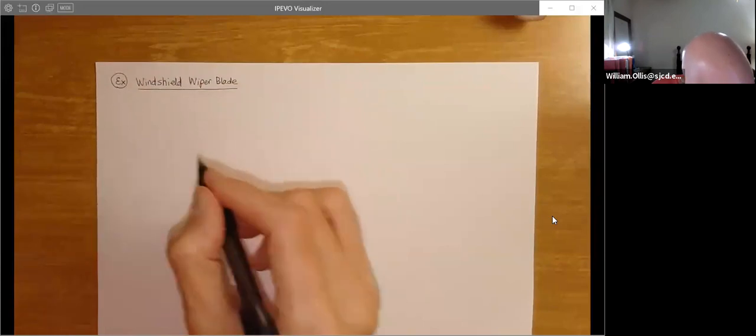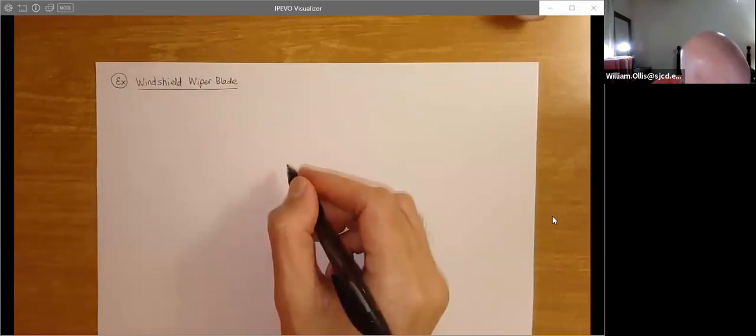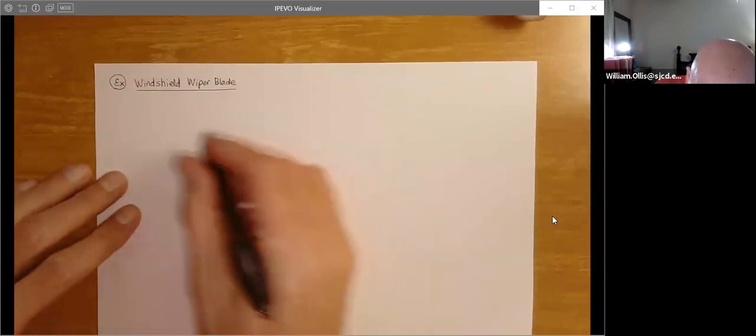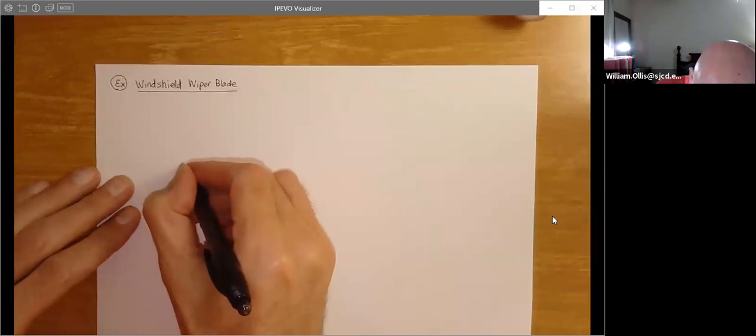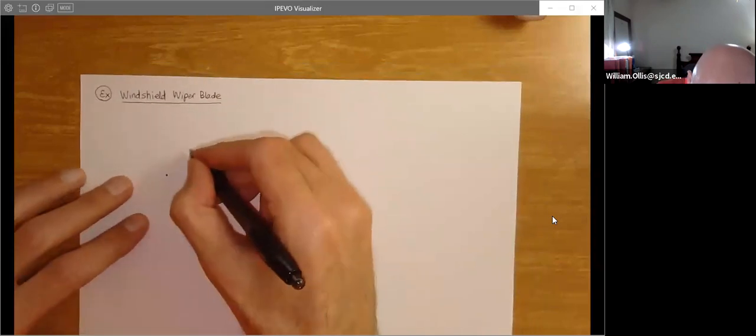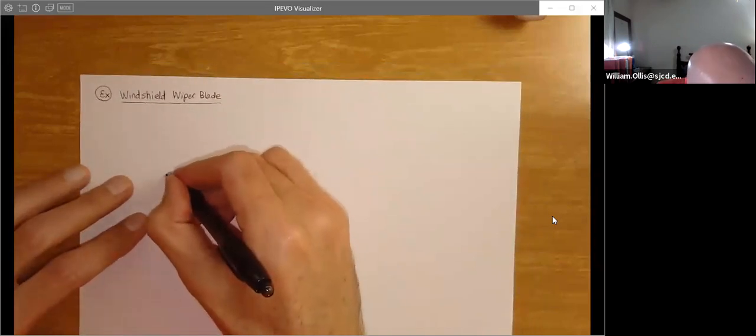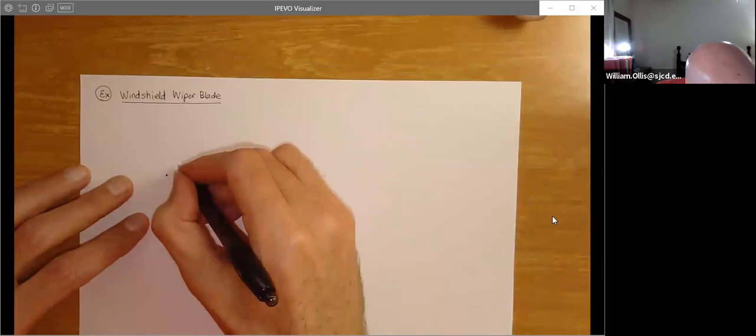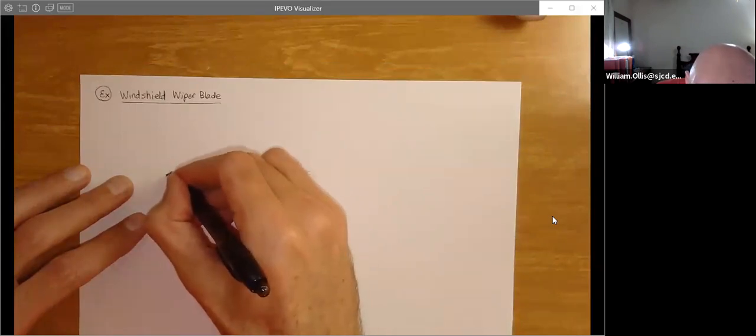So basically what we have, okay, I'll draw a little picture here. I can write all this out, but let me just draw a little picture. We've got this blade. So I'm going to write out the angle here, which will be 135.